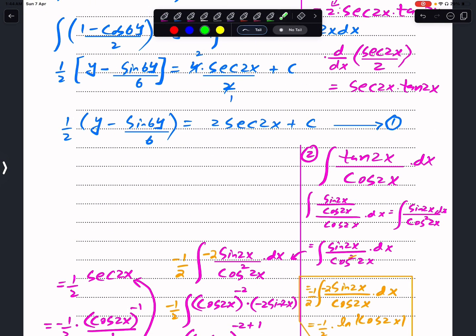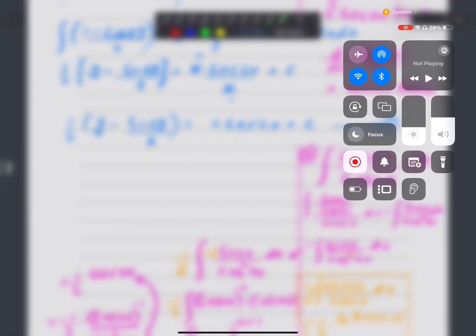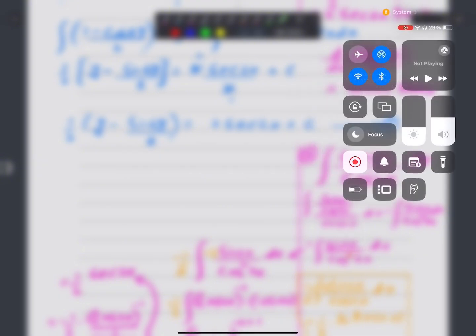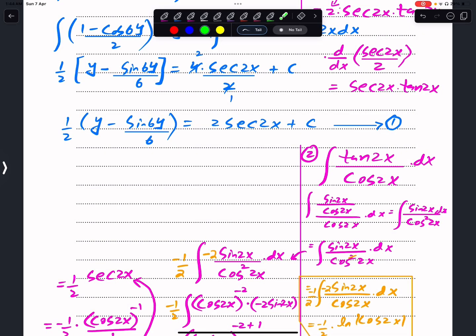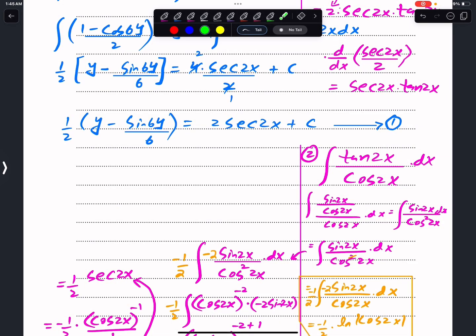Now we have this equation and we will use the condition.